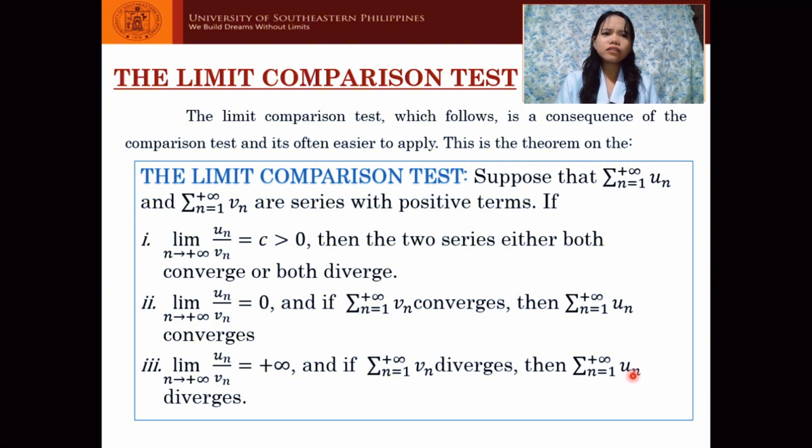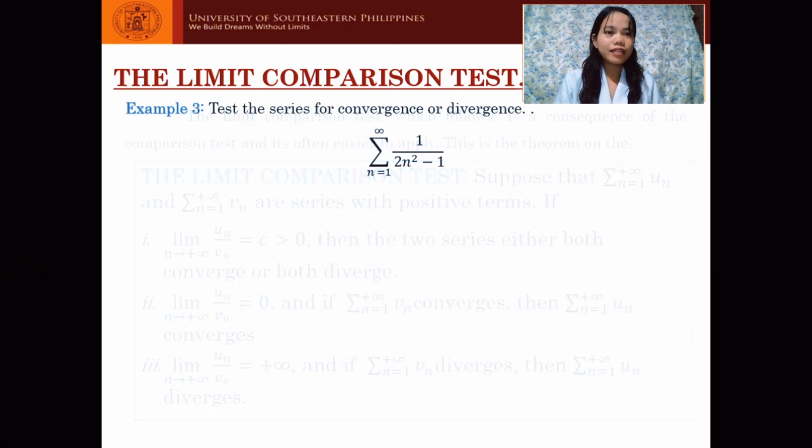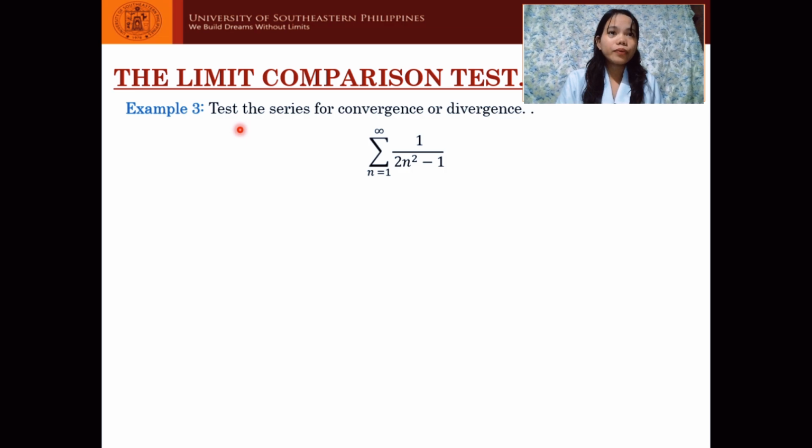To further understand what the limit comparison test tells us, let us have an example. We will have two examples. Let's test the series for convergence or divergence, but now we are just going to apply the limit comparison test.